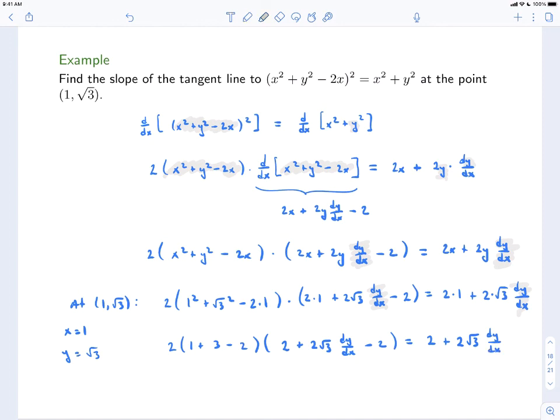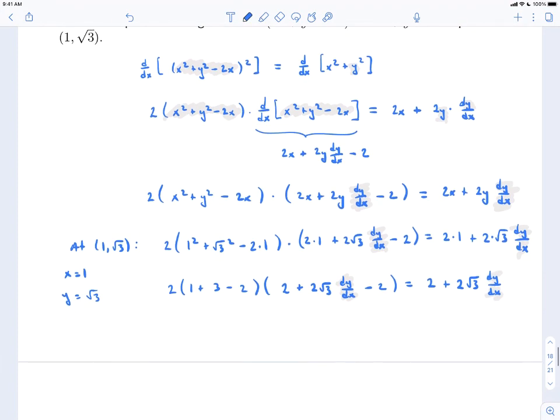Again, we're just trying to solve for dy dx. So we can simplify this a bit. 1 plus 3 is 4, minus 2 is 2. And here, the 2's will cancel. So this 2 will cancel with that 2, and you're just left with 2 square roots of 3 dy dx.